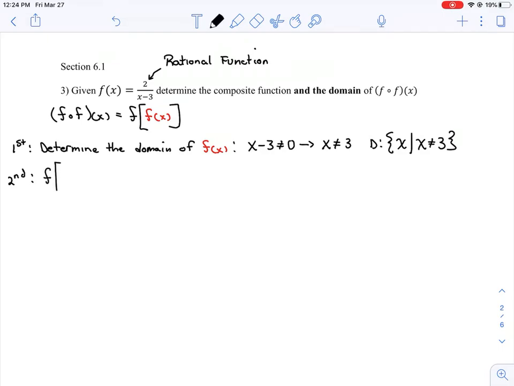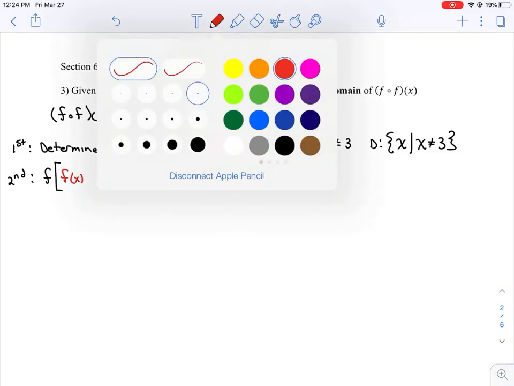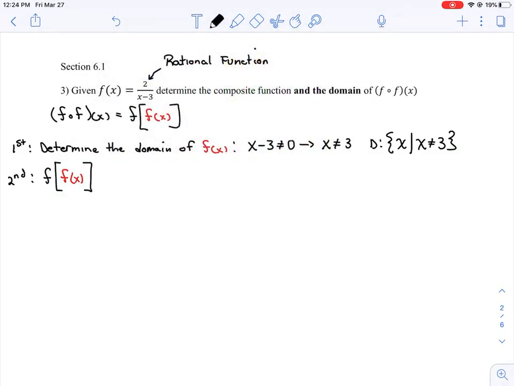Next, we are going to compose f of x, but we're not going to simplify the result just yet. So this is the expression 2 divided by 2 divided by x minus 3, subtract 3.